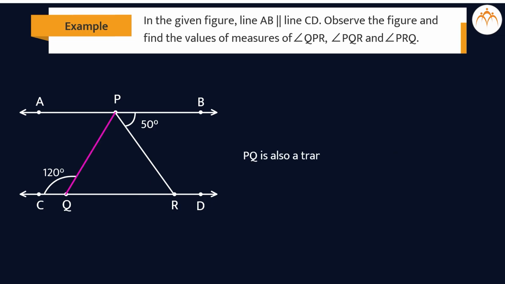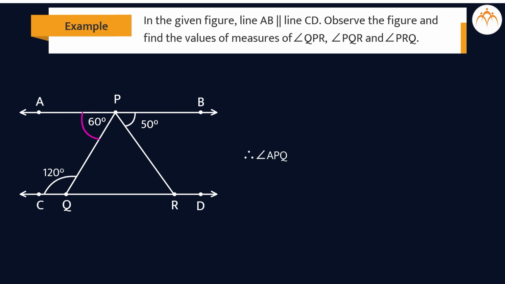PQ is also a transversal, so we apply the property of interior angles. Measure angle APQ plus measure angle PQC equal to 180 degree because of the property of interior angles. Therefore, measure of angle APQ plus 120 degree equal to 180 degree. Therefore, measure angle APQ equal to 60 degree, equation 2.